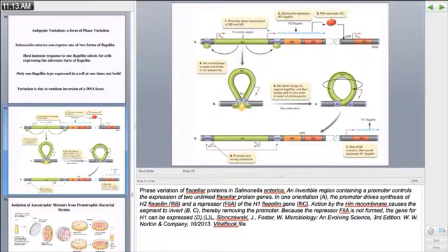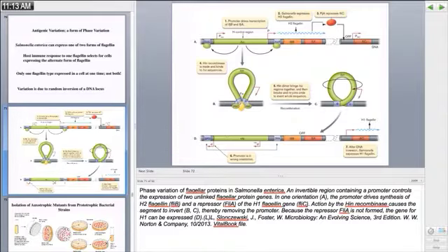So after that inversion occurs, that promoter is now pointing 180 degrees in the opposite direction. So in this particular arrangement of that invertible element, the ability to express the H2 flagellum, FLJB, is lost completely. And simultaneously, so is the expression of FLJA.